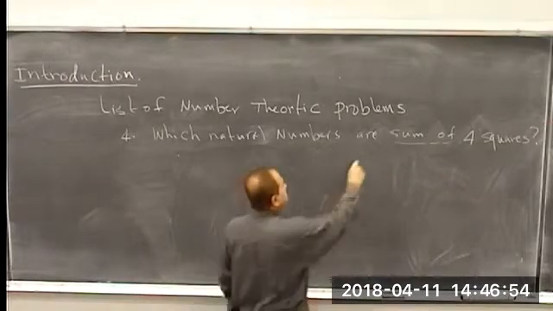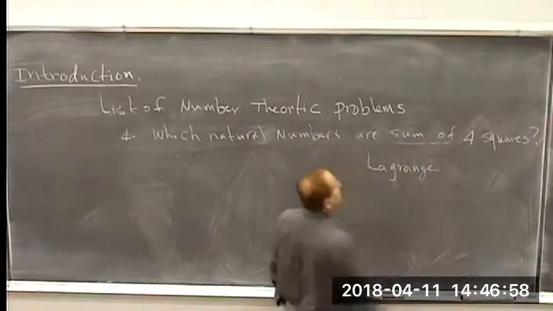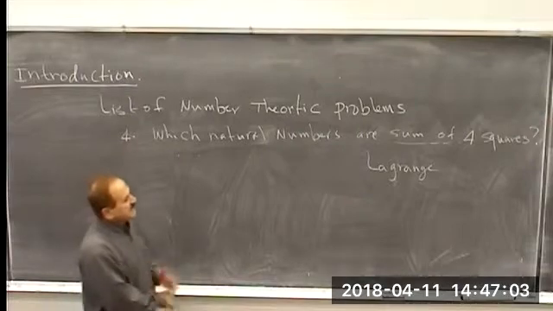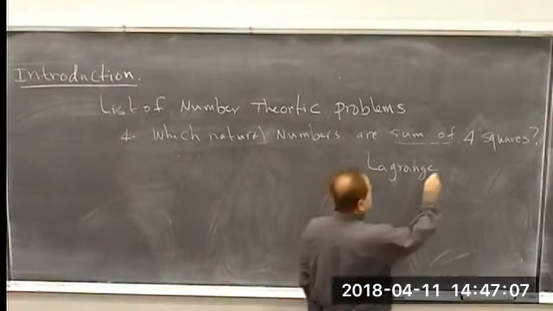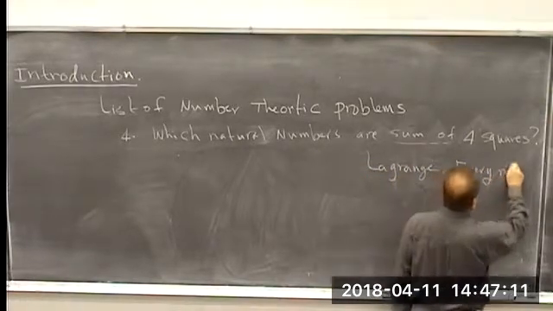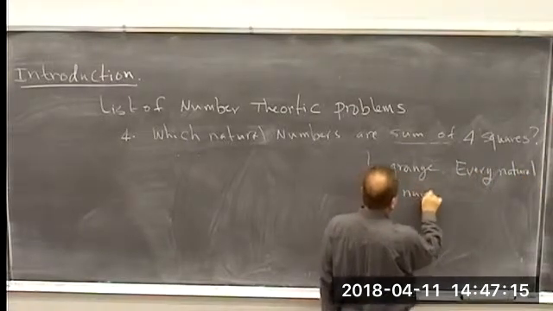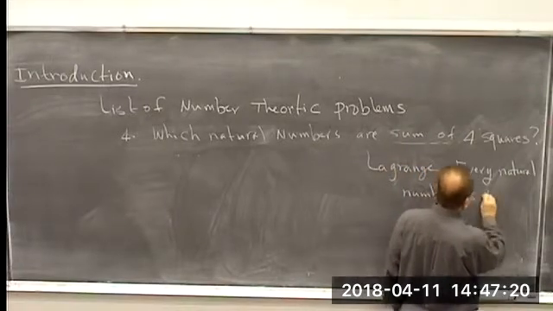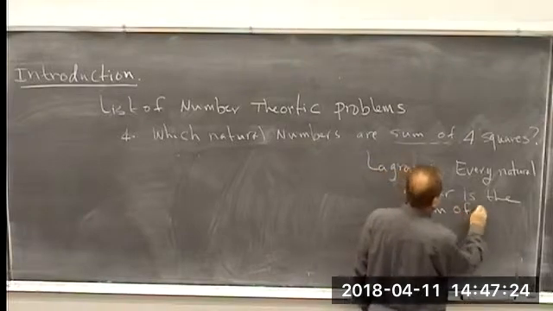Lagrange, in the late 1700s, proved that every natural number is the sum of 4 squares.